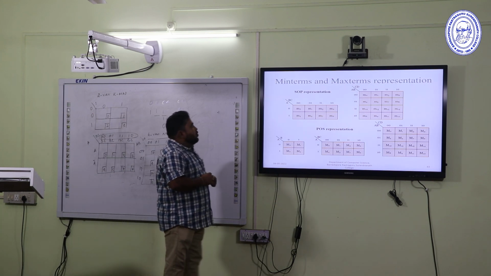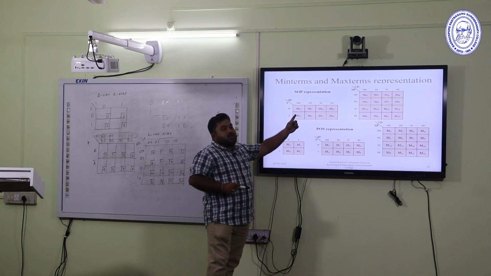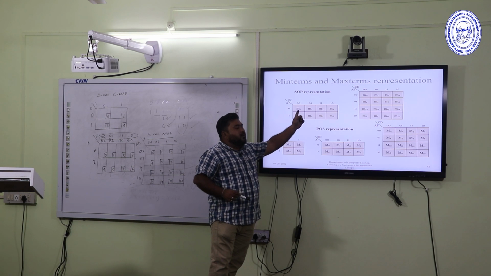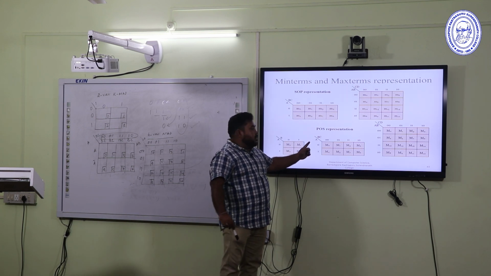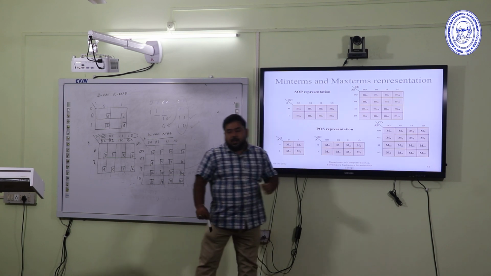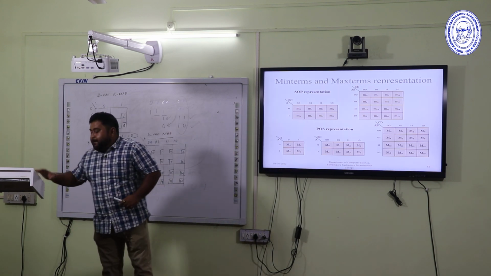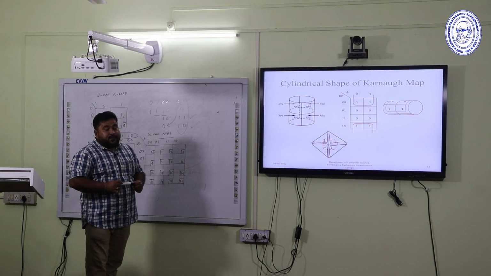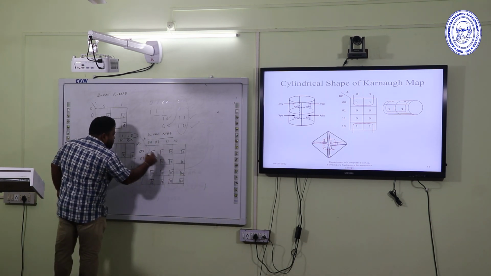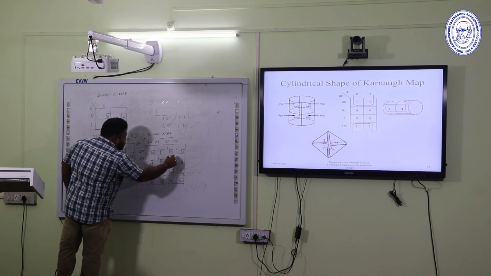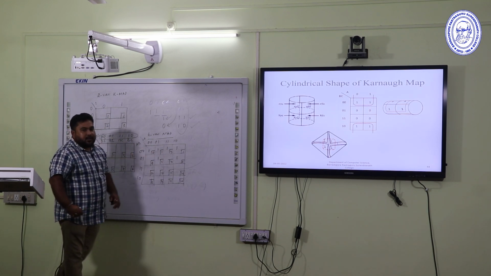And now look at that SOP representation means, and POS representation. In case of POS representation, we can write the max term in this box. In case of POS representation, we can write only once, and the rest of them are 0.